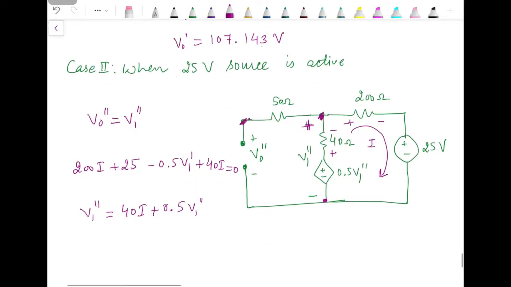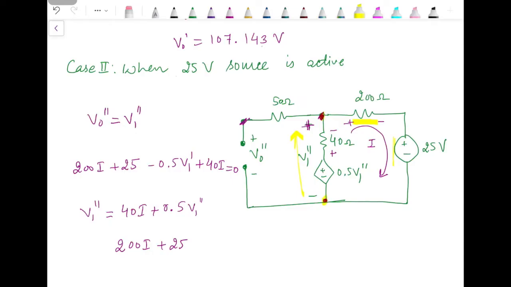Or we can even write that 200 I plus 25 minus V1 double dash, because this is the voltage across a series combination.